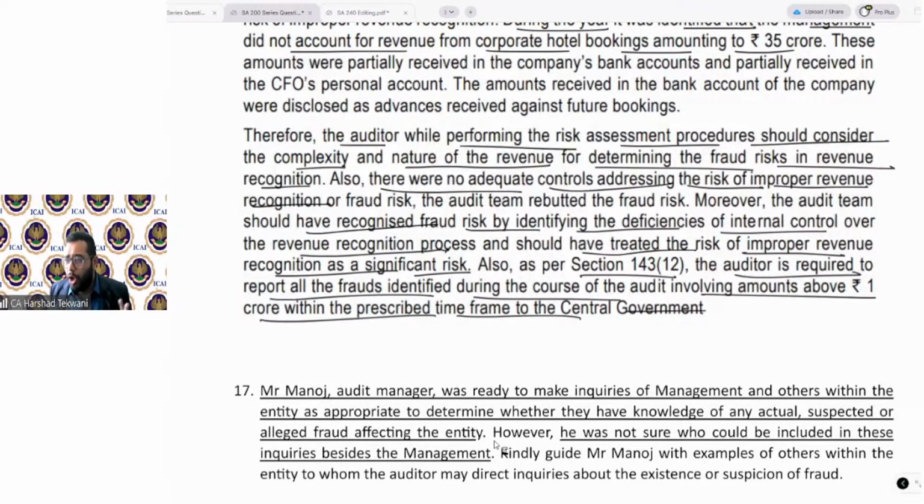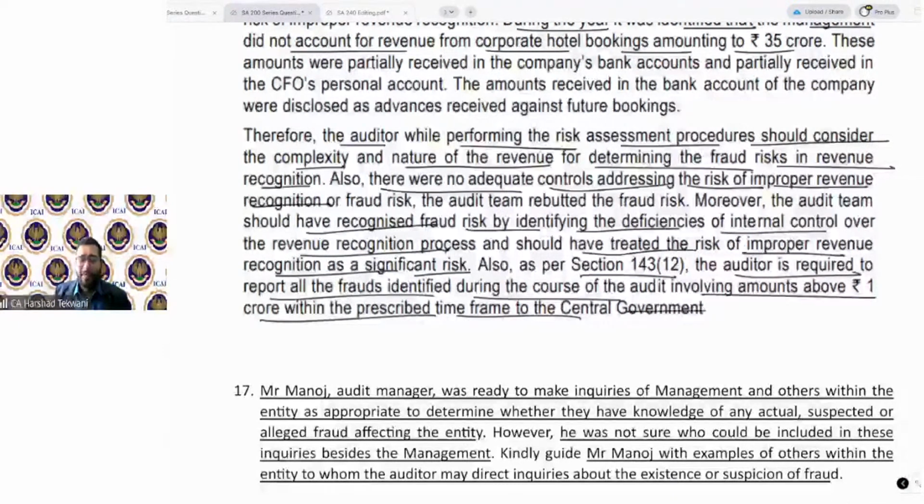You need to guide Mr. Manoj with examples of others within the entity to whom the auditor may make direct inquiries about the existence or suspicion of fraud. So whom could he reach out to, or conduct the inquiries with, other than the management itself, about the existence or suspicions of fraud?